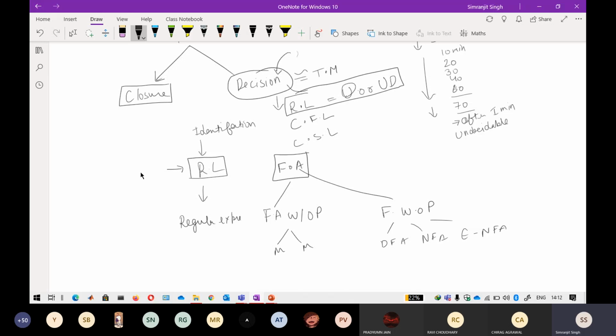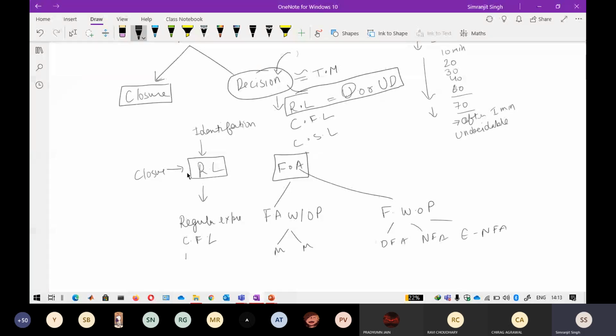Now there is another part, that is your closure property of regular languages. There are so many properties in this set. I will tell you all the properties related to regular language completely in detail. After that, I do not need to explain it for context-free language or for any other language set.